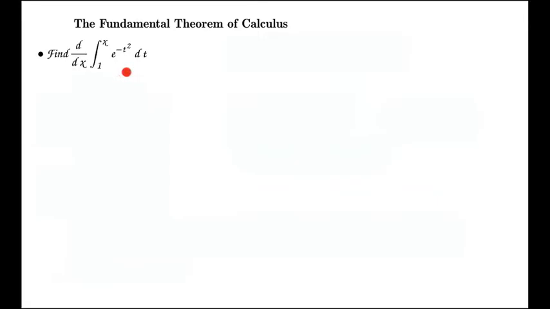Let's recall the fundamental theorem of calculus. So for the fundamental theorem of calculus, we're taking the derivative with respect to x of an integral from a constant a to a variable x of a function f of t dt.